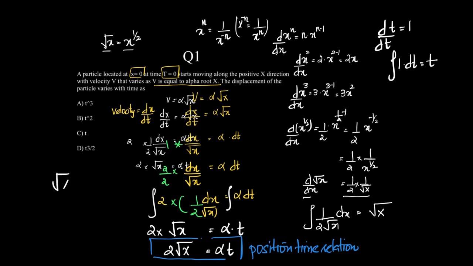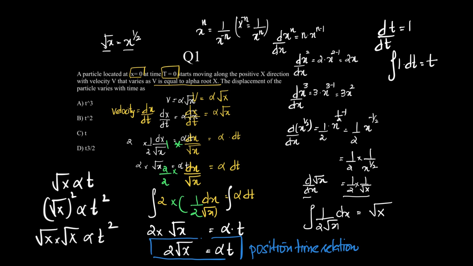If root x is proportional to t from this equation, if we square on both sides, this becomes root x the whole square is proportional to t square. What is root x the whole square? It is root x into root x, which is x. So x is proportional to t square, which means the correct option is t to the power 2, option B.